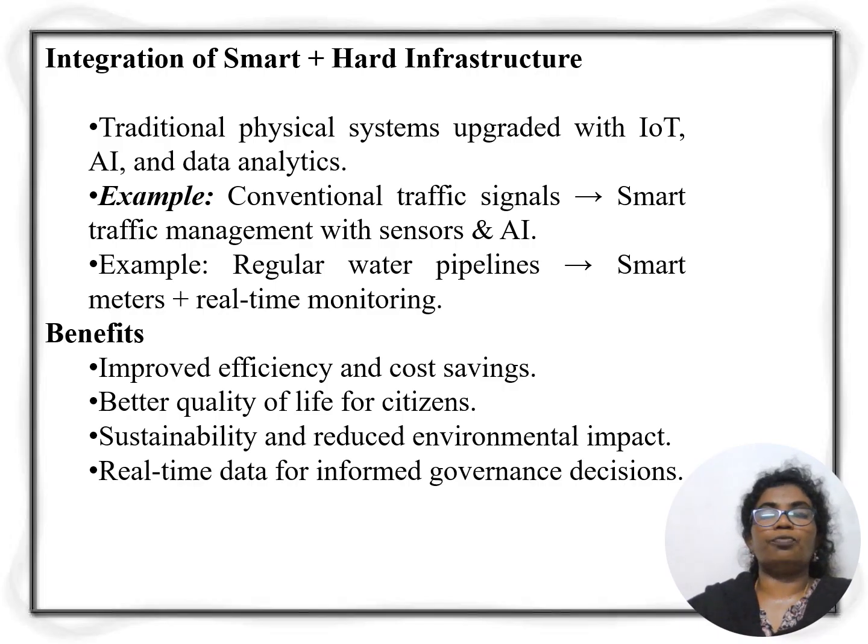Integration of smart and hard infrastructure: traditional physical systems are upgraded with IoT, AI and data analysis. The best examples of this integration: conventional traffic signals are converted into smart traffic management with the use of sensors and AI, and regular water pipelines are converted into smart meters with real-time monitoring.